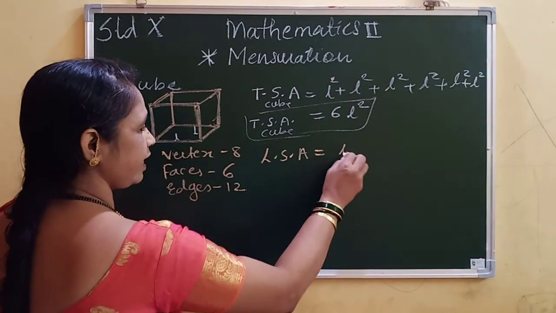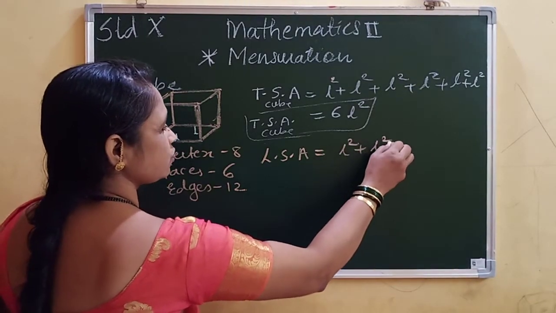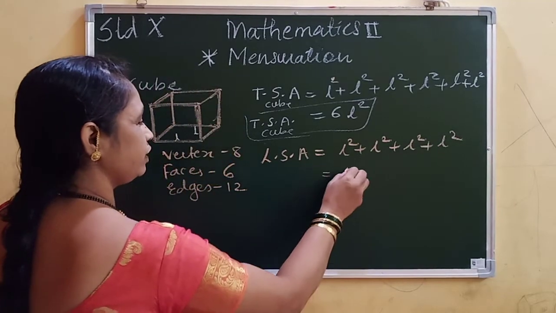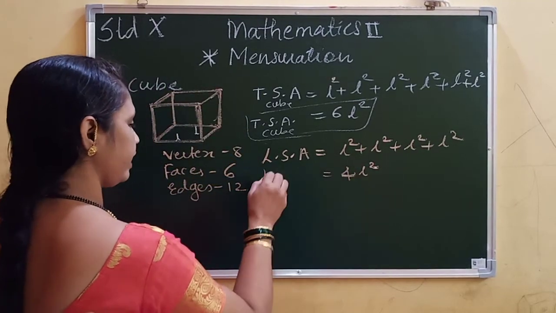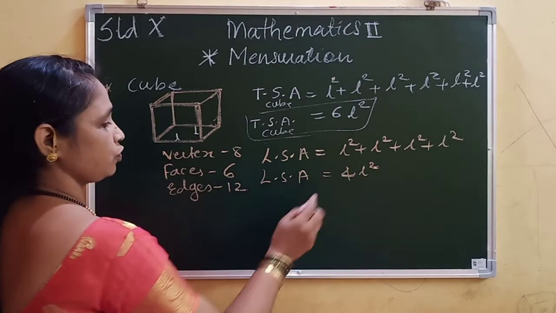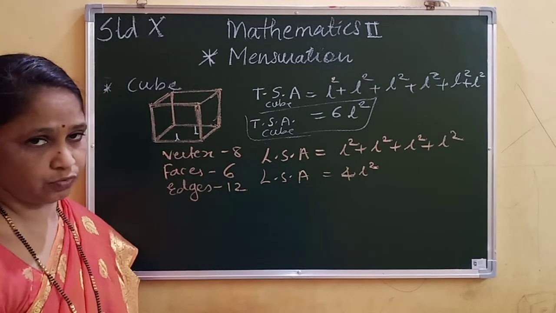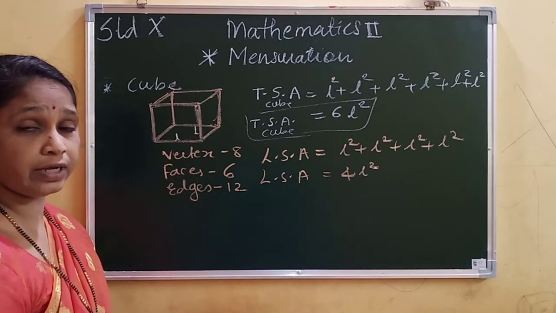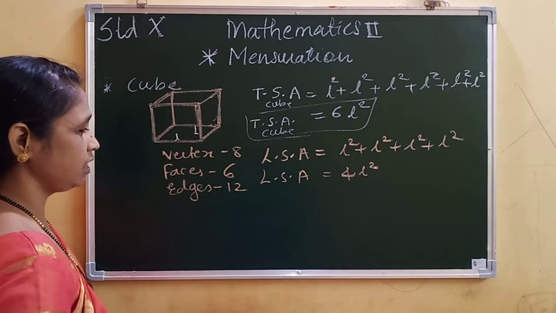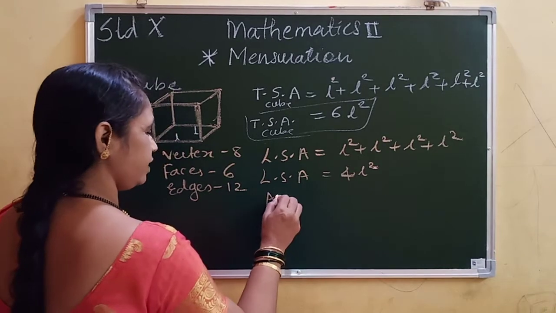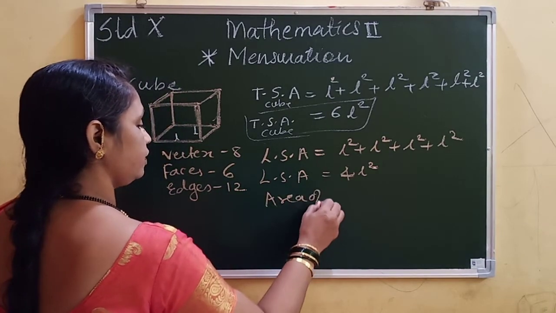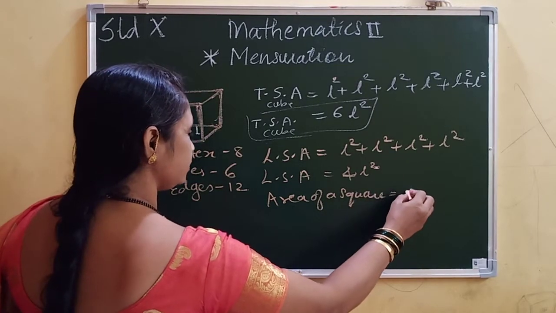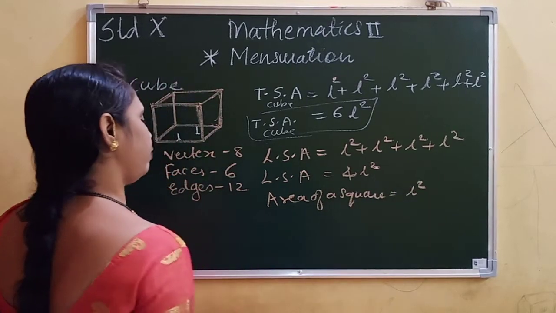So it will be L square plus L square plus L square plus L square, so it will be 4 L square. The lateral surface area of a cube is 4 L square. Also, what is the area of a square? The area of a square is side square, equal to L square.